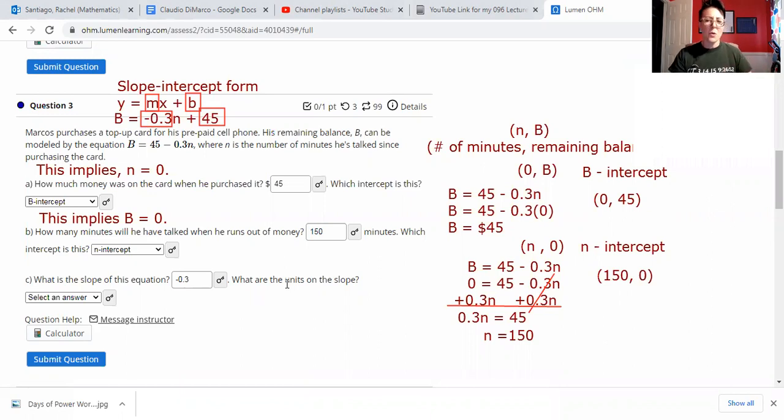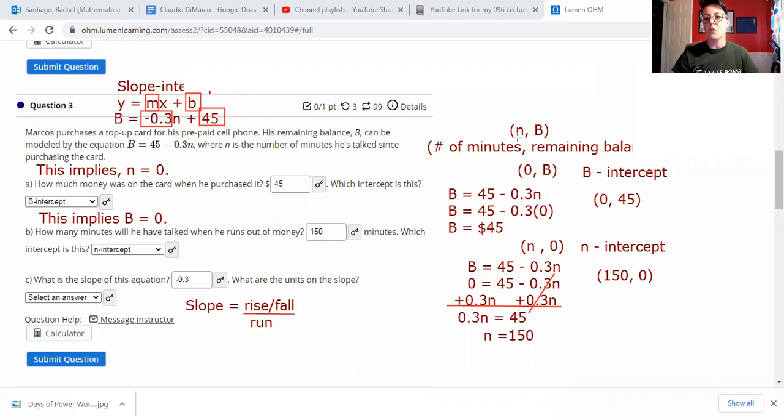Now, the less intuitive part here is this whole idea of what are the units on the slope. What's going to help us to identify that is to just think about the slope formula itself. Do you realize that slope is rise or fall over run, right? So it's rise or fall over run. When you think about rising or falling, I want you to think about your change in y, right? Rising or falling implies you're changing in y.